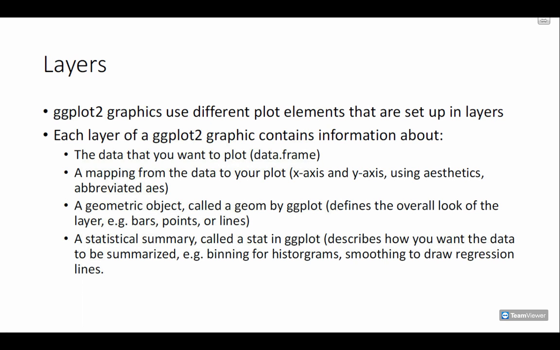So ggplot is a plotting package within R, and it works in a way of layers. ggplot2 has certain commands where the first part of the command will build the first layer, and then you can add upon that those layers.